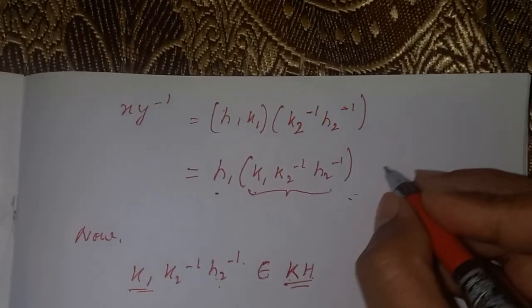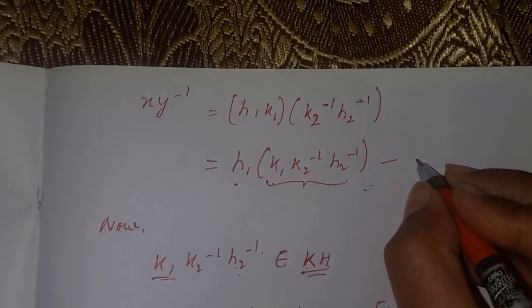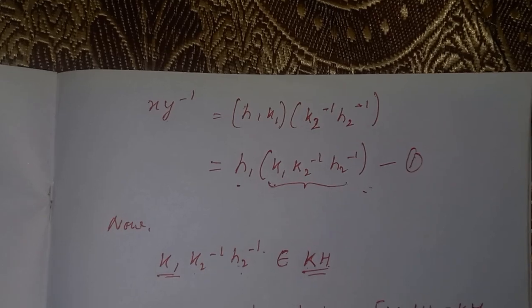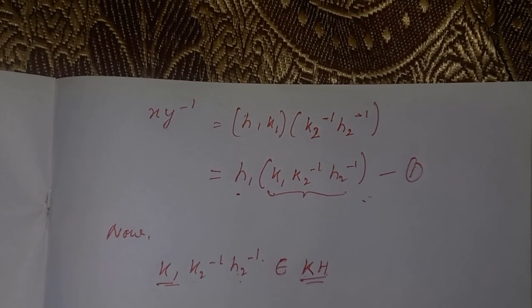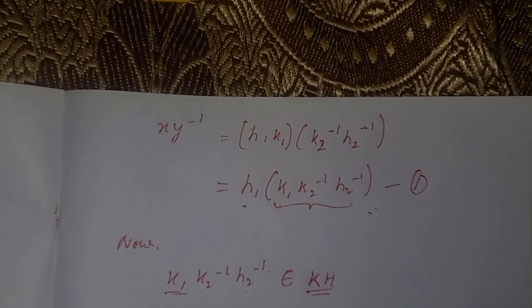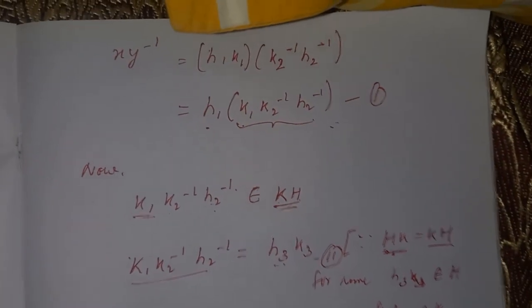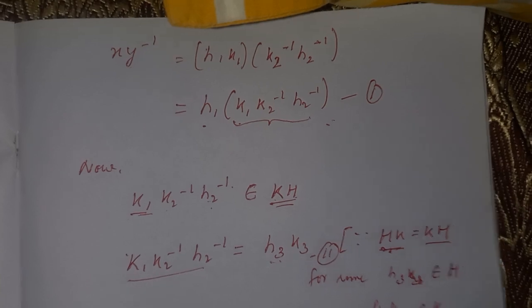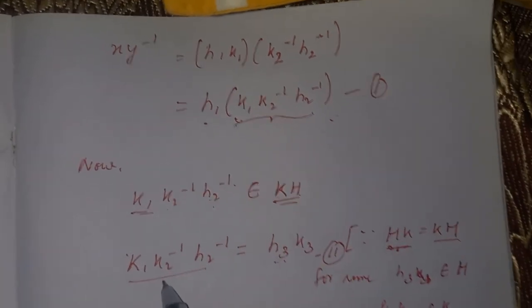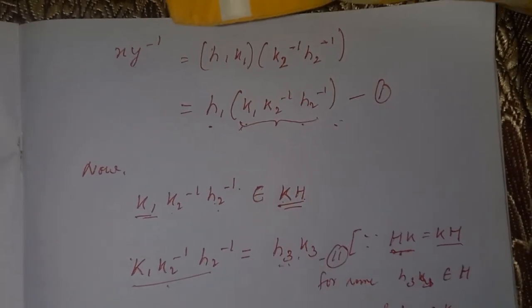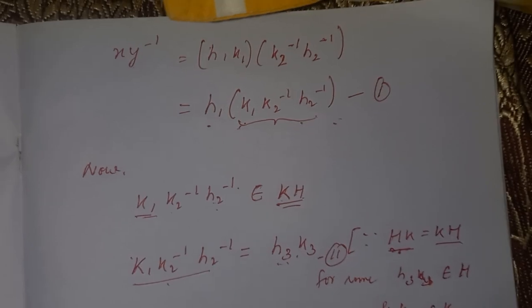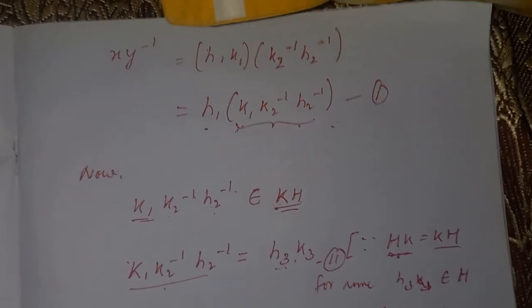So let's give this as equation 1 and this as equation 2. From 1 and 2 we'll be seeing that x y inverse will be equal to h1, and we'll be substituting the value here, which is h3 k3. Now let's use the associative property.